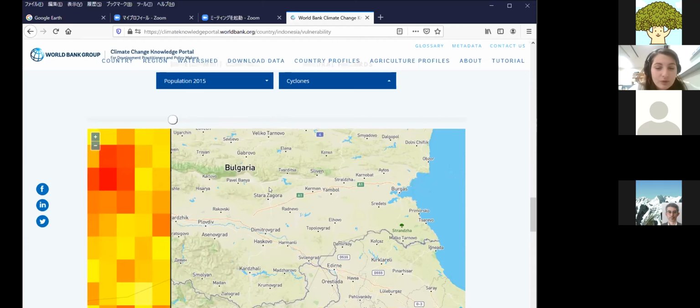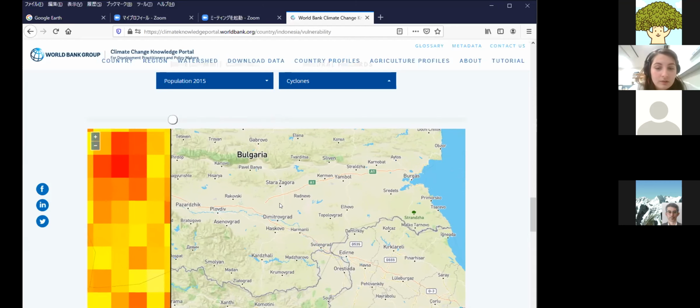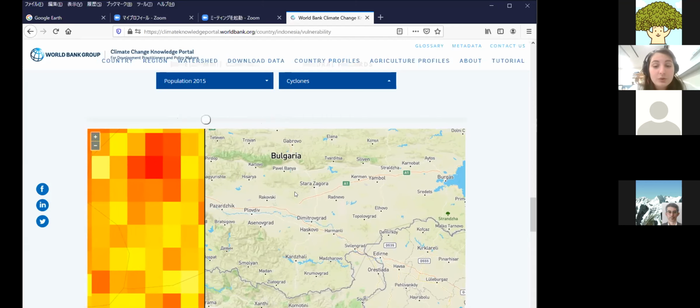It's a very small village, so you wouldn't be able to see it. But over there, where you see Stara Zagora, just above your pointer now, around where your pointer is now. It's the affected area.